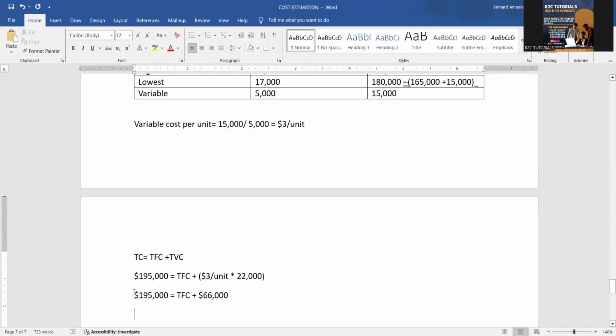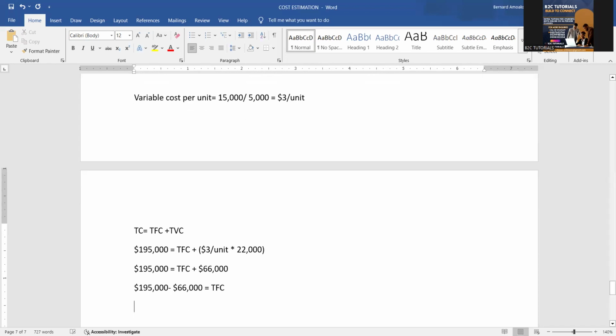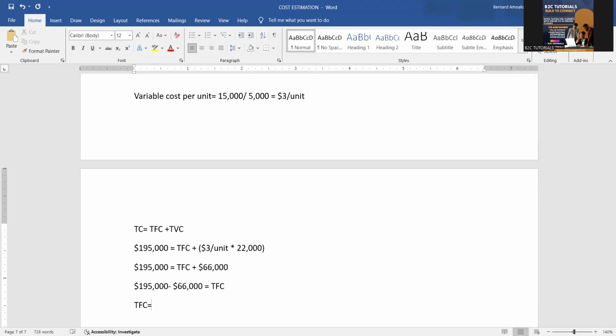So I'd have my dollar 195,000 minus my variable cost of 66,000, which would then be equal to total fixed cost. So easily, I know total fixed cost is equal to the dollar of 129,000.